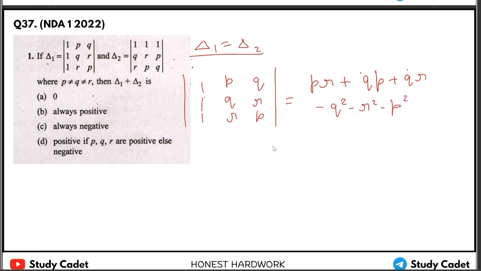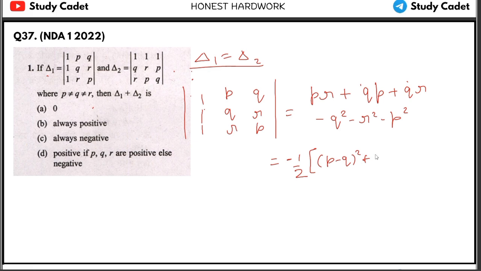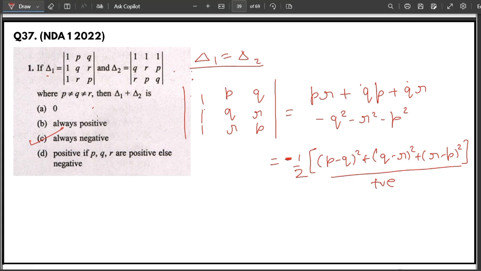So we can simply write it as, you know that, minus half of (P minus Q) square plus (Q minus R) square plus (R minus P) square. Okay, so this value will always be positive, and the sign is negative, so this will always be negative, right?